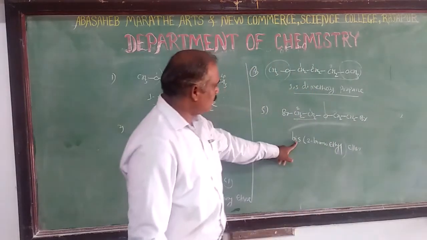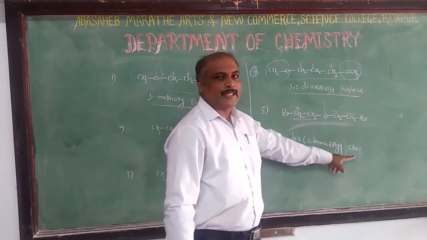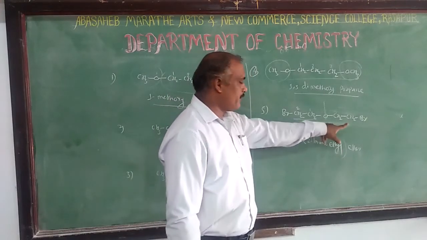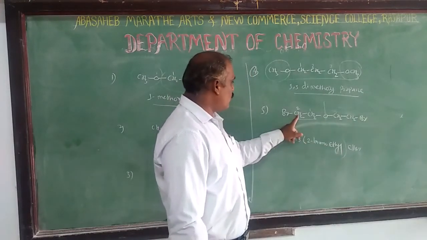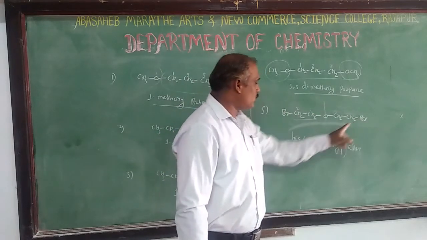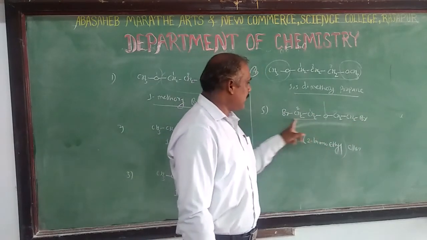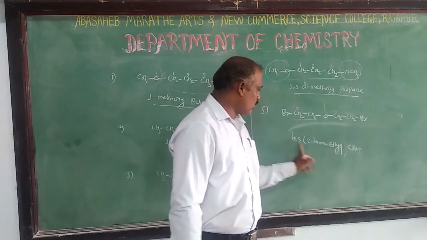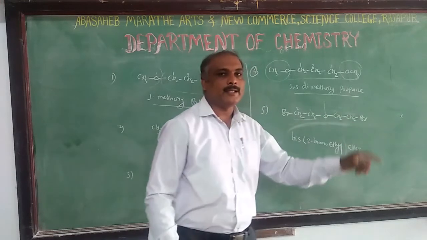So bis 2-bromoethyl ether. Bis means two times. Bis 2-bromo. This is 1, this is 2. So 2-bromoethyl, and the functional group is the ether. So bis 2-bromoethyl ether.